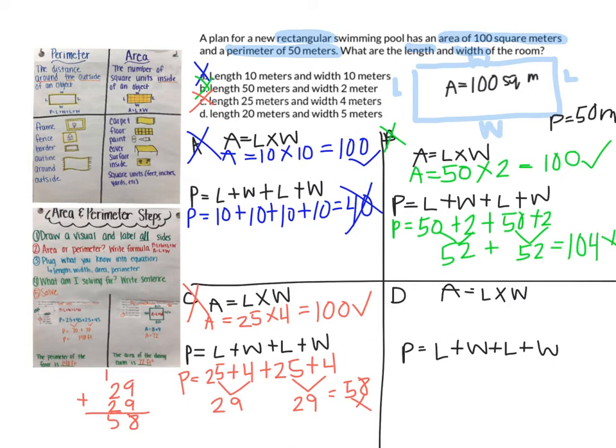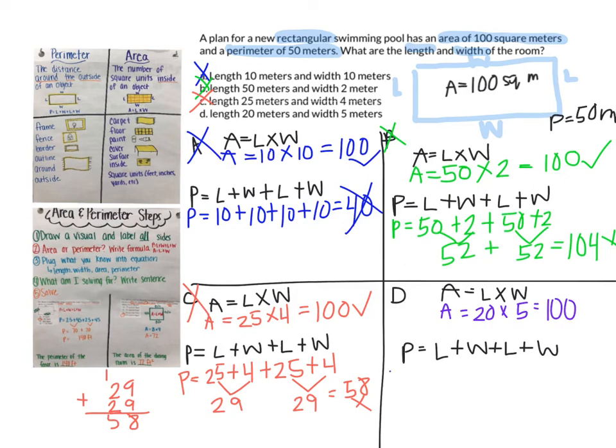Our dimensions are a length of 20 meters and a width of 5 meters. So we'll plug it into our formulas. Area equals length is 20, width is 5. 20 times 5 is 100 square meters.